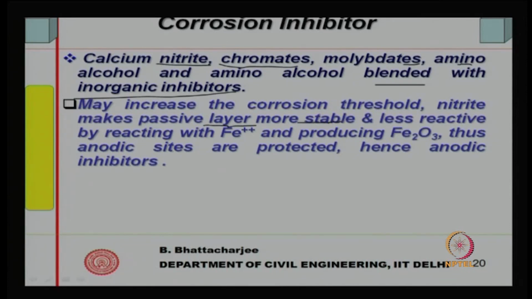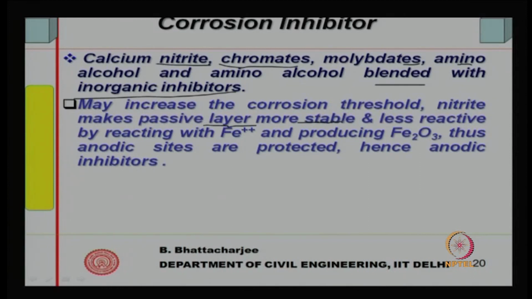more stable. Now, a passive layer is the oxide coating over iron or rebar, which protects the steel, because iron is not a stable thing, it will get oxidized. But if it does not get oxidized at a very fast rate or to a product which is dangerous, then it is tolerable.